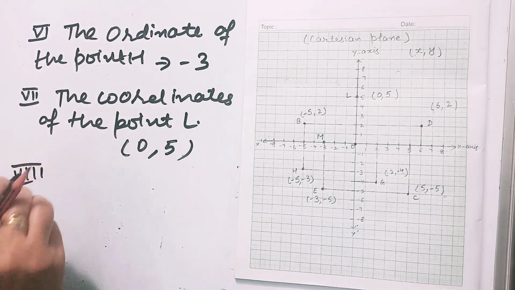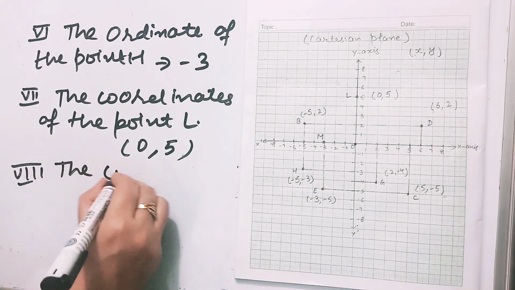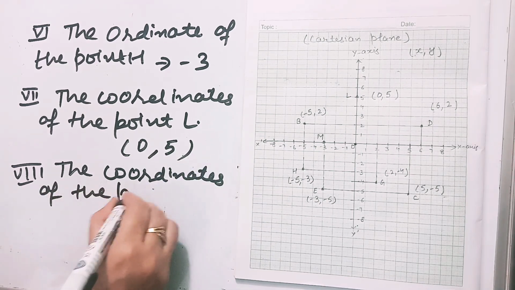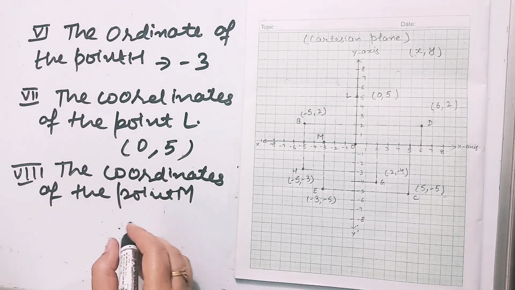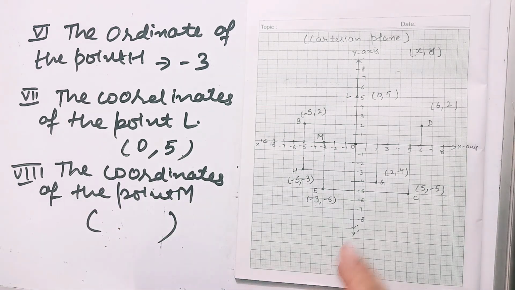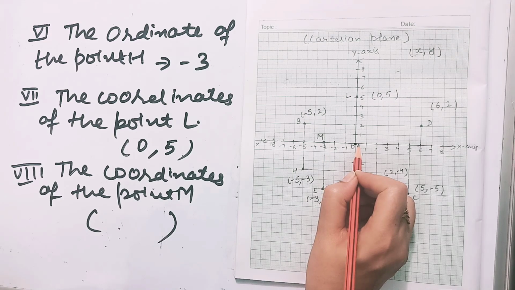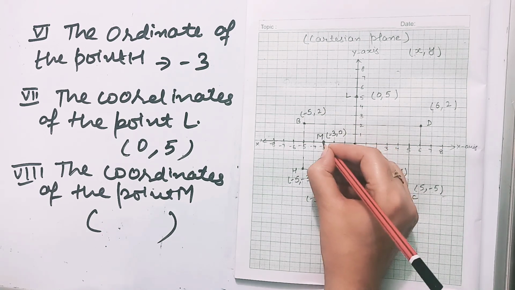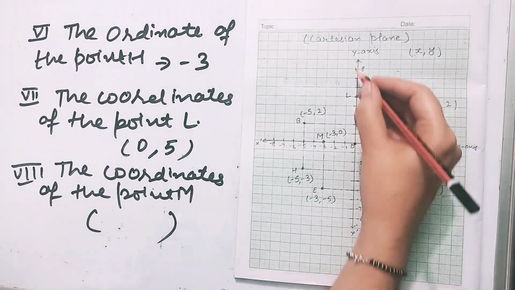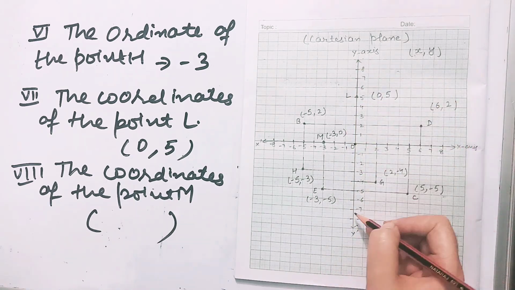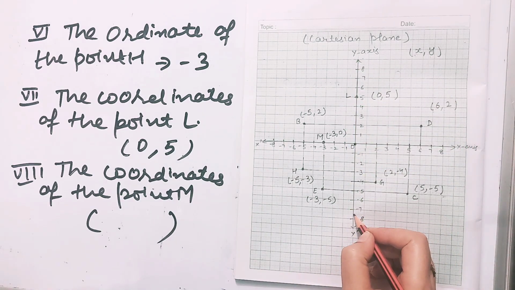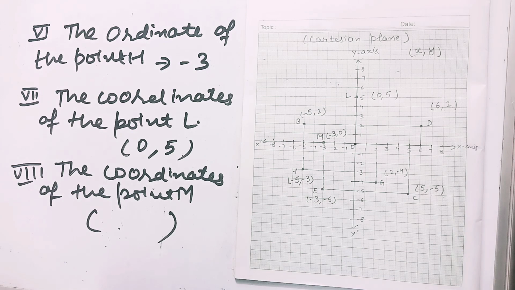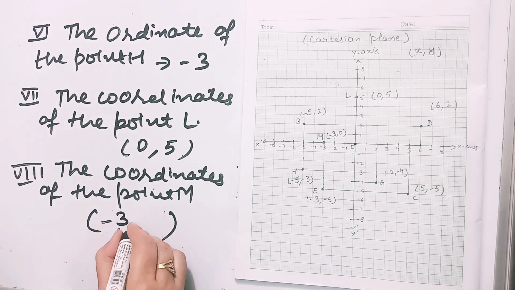Now the eighth part is the coordinates of the point M. M lies on the x-axis, so x is -3. Y is always 0 on the x-axis and x is always 0 on the y-axis, because on the y-axis we have no value of x, only of y. On the x-axis we have only the value of x, and there is no value of y, it is always 0. So its coordinates will be (-3, 0).